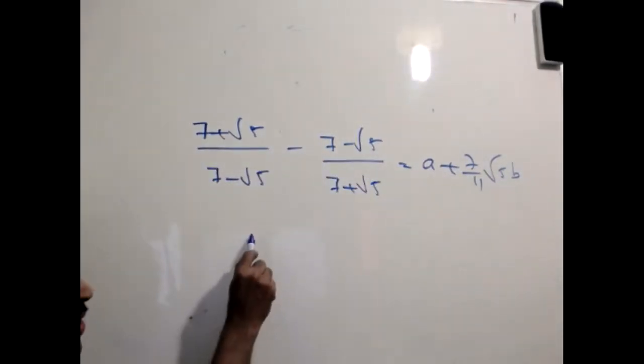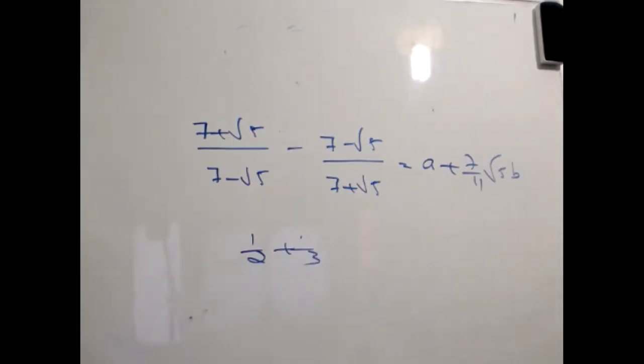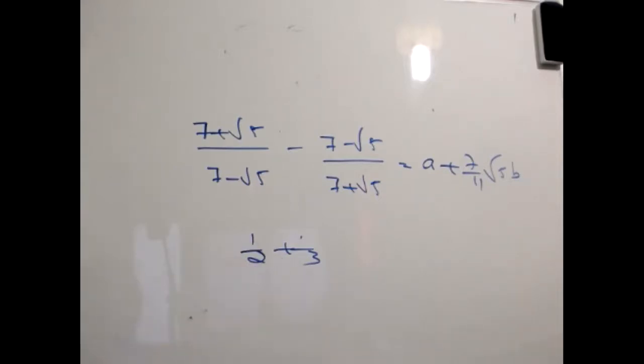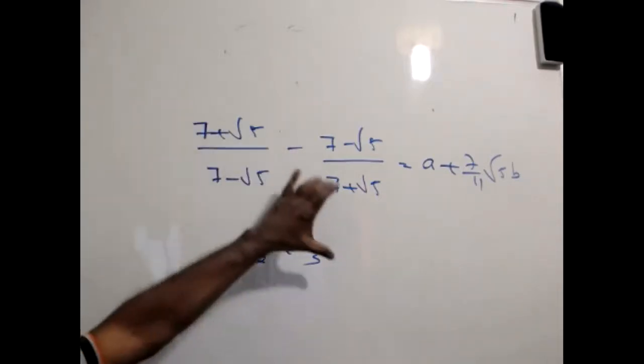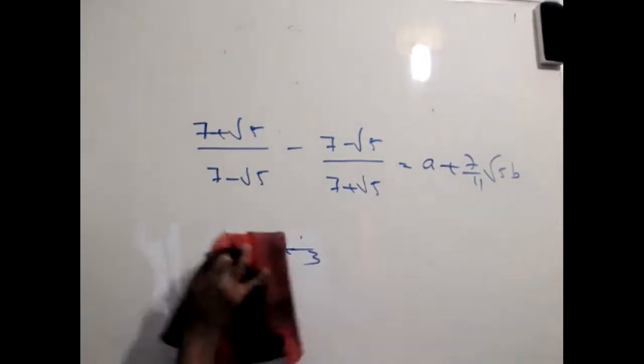Or how we do 1 by 2 plus 1 by 3? You find A and B. How we did in lower classes, 1 by 2 plus 1 by 3, same way. Or you simplify this one and subtract. That's up to you.